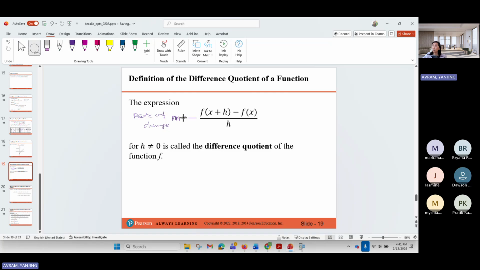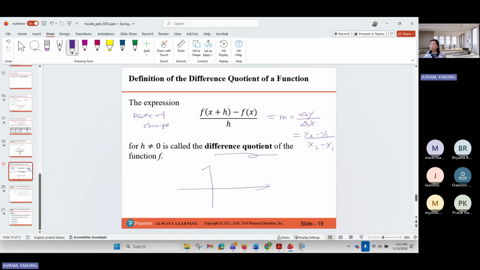This average rate of change can calculate any kind of slope. All right, so using delta y over delta x, or sometimes in a linear, we're using y2 minus y1 over x2 minus x1, right? And this is called a difference quotient of the function, okay?